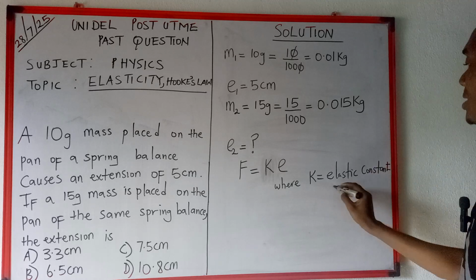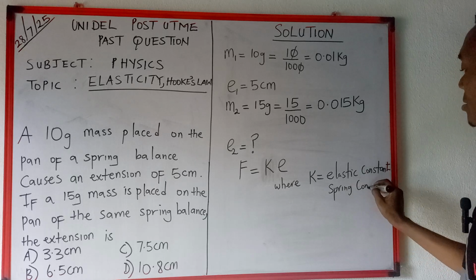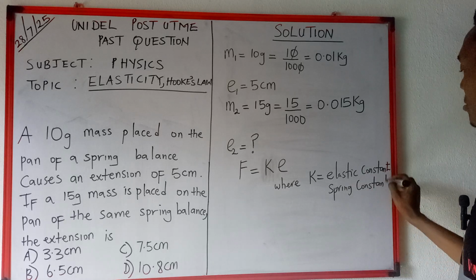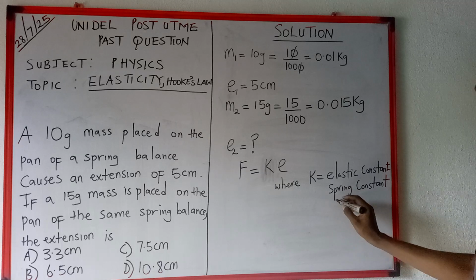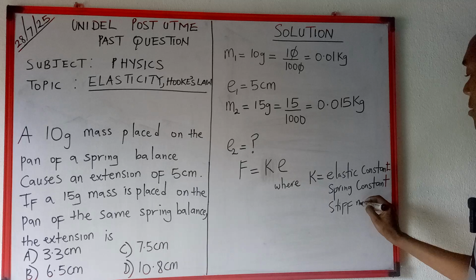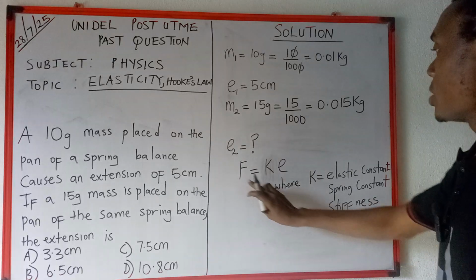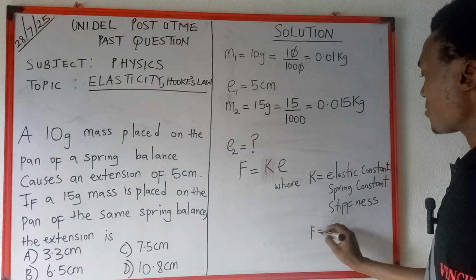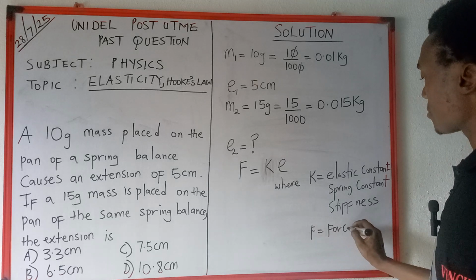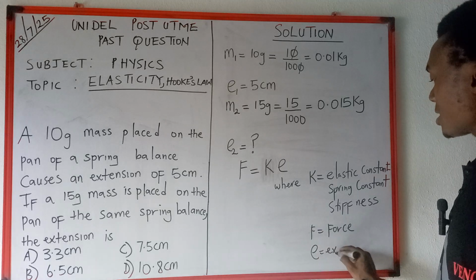You can also call it the spring constant, or you can call it stiffness. And F is the force, and E is the extension.